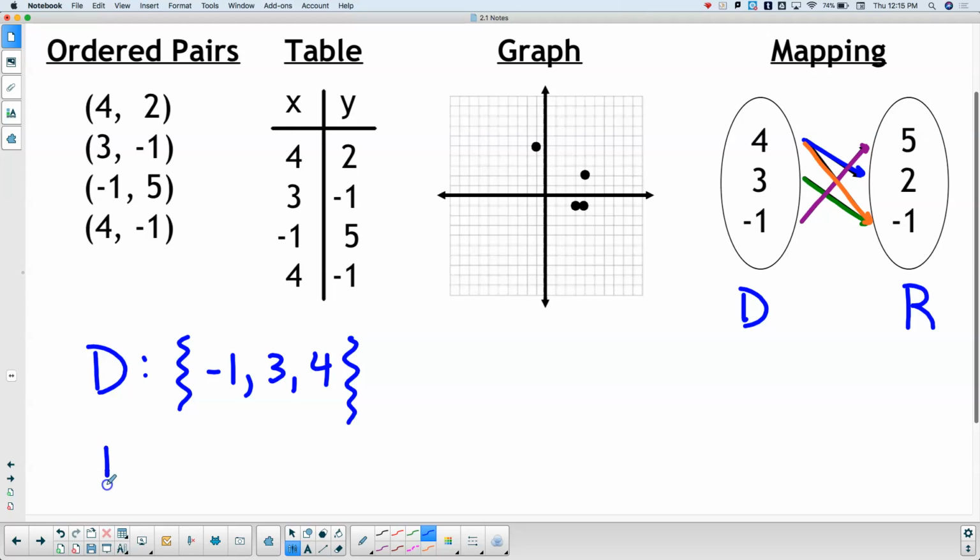Likewise, the range is -1, 2, and 5. Again, not repeating any values.